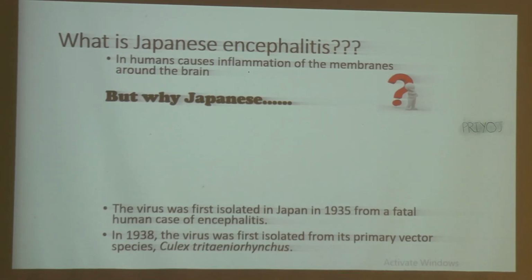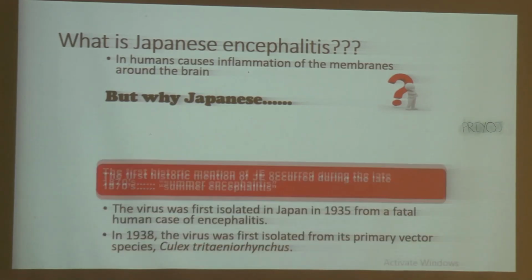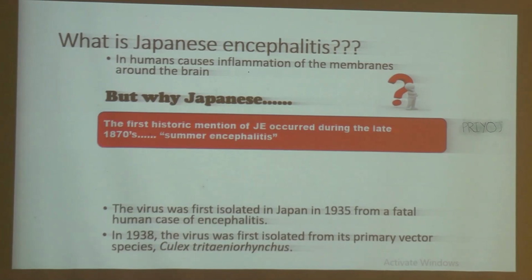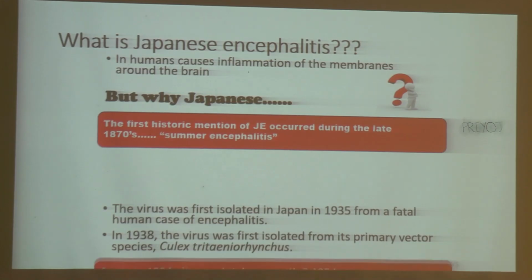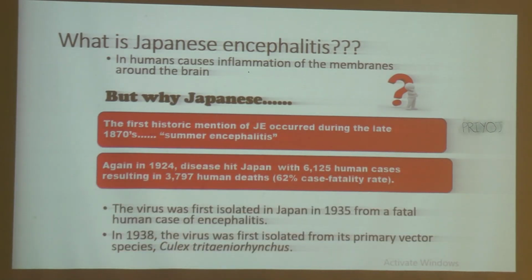Why is it named Japanese? Because the first historic mention of JE occurred during the late 1870s in Japan, where it was first named summer encephalitis. Again in 1924, the disease hit Japan and it caused 6,125 human cases, resulting in 3,797 deaths, 62% case fatality.